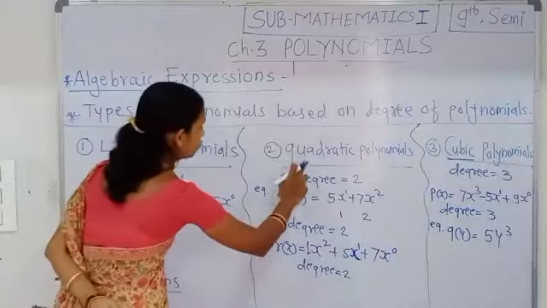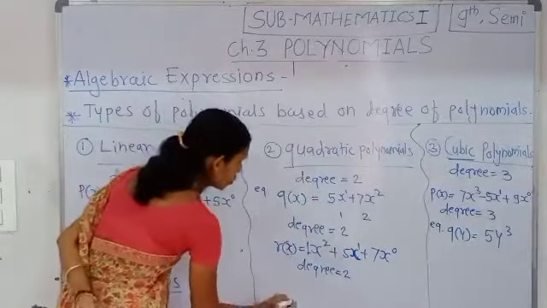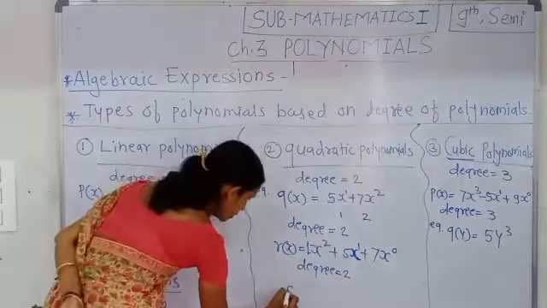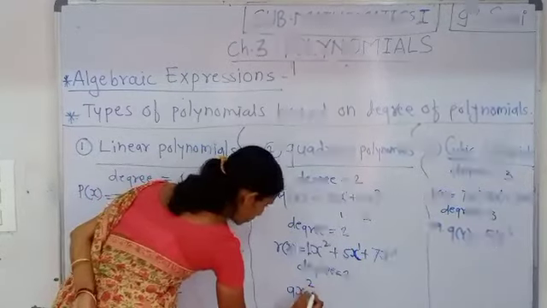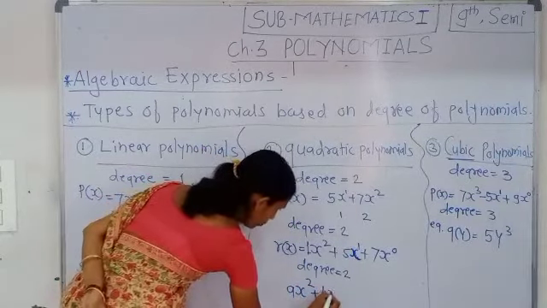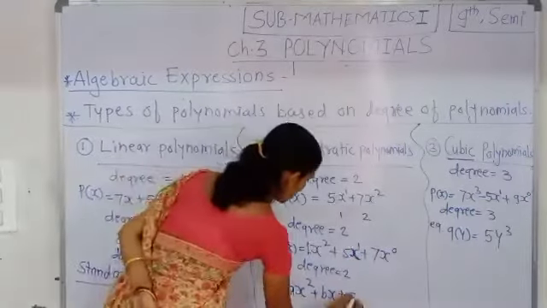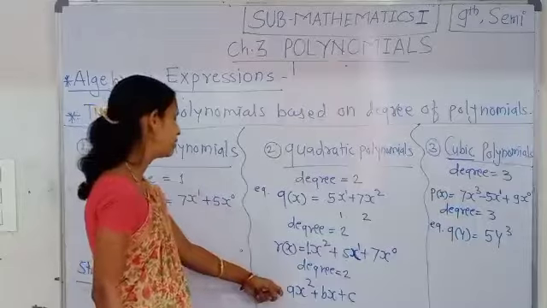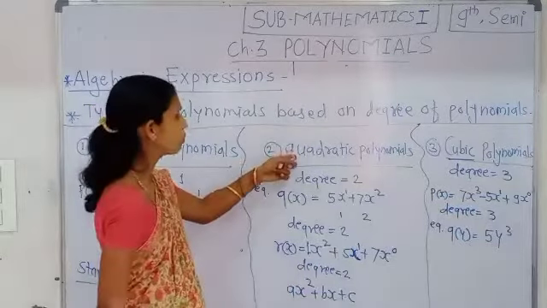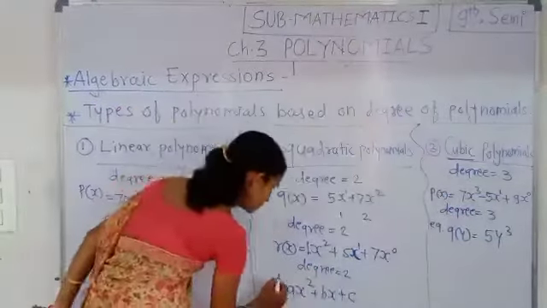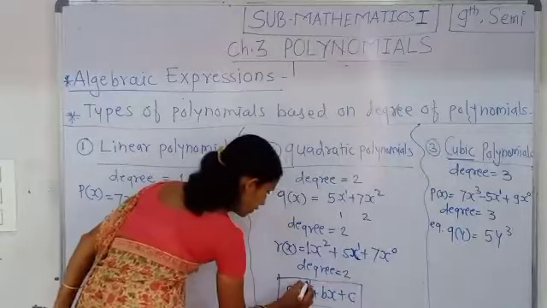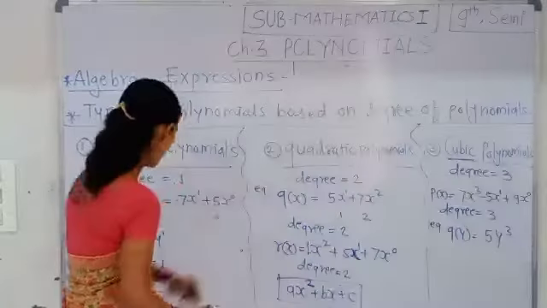What is the standard form of a quadratic polynomial? ax square plus bx plus c is the standard form of a quadratic polynomial.